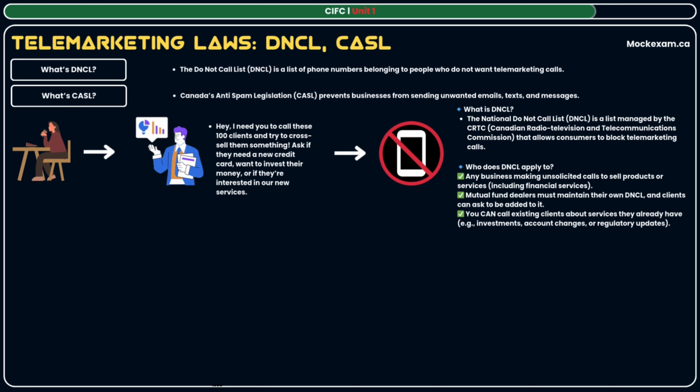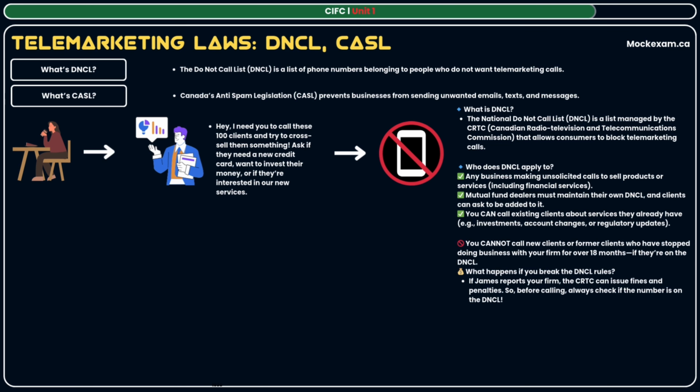But you can't call new clients, or former clients who have stopped doing business with your firm for over 18 months, if they are on the DNCL list.